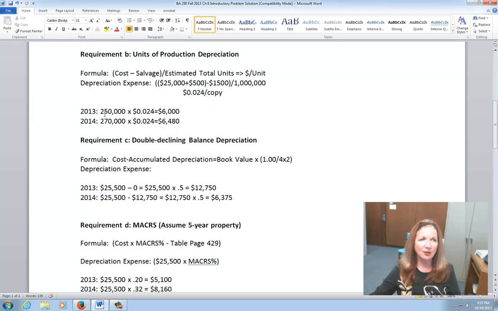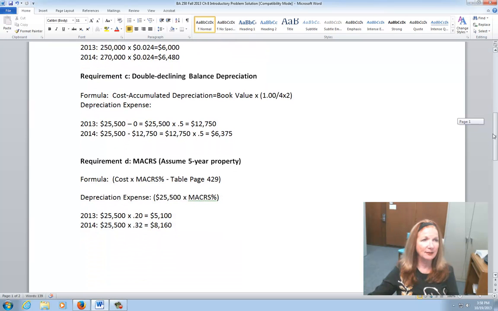Now in 2013, they had 250,000 copies times 0.024 cost per copy, or $600,000. In 2014, they had 270,000 copies times 0.024 cents per copy, and that's $6,480 for units of production depreciation expense.